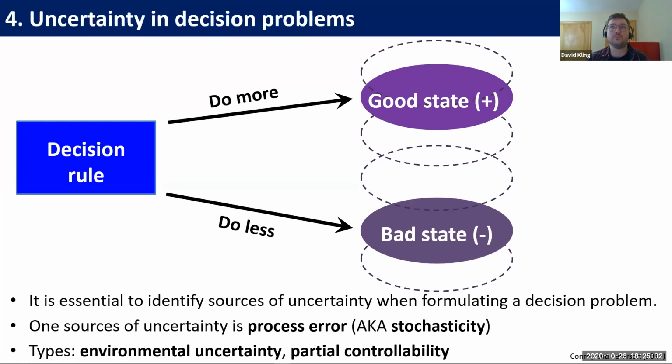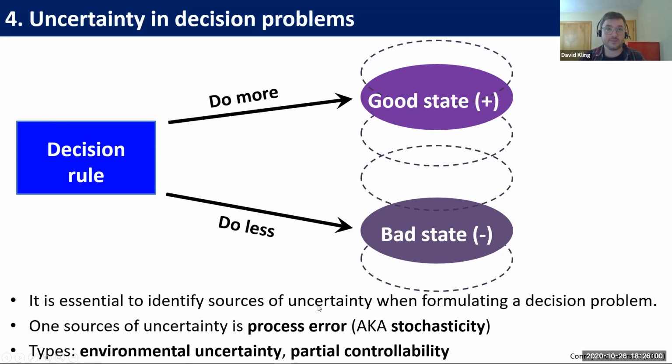By the time the order to stop fishing comes out, a lot of gear is already in the water, or there could be cheating or incomplete enforcement. So what you lay down as your rule may not map one-to-one in a deterministic sense to the influence on the state variable.